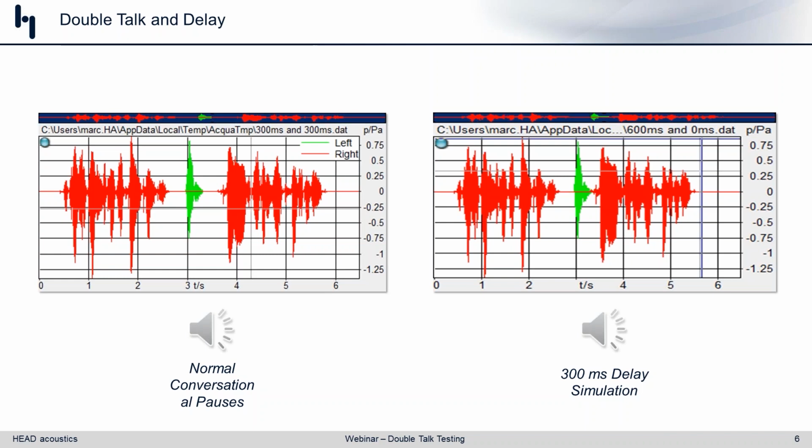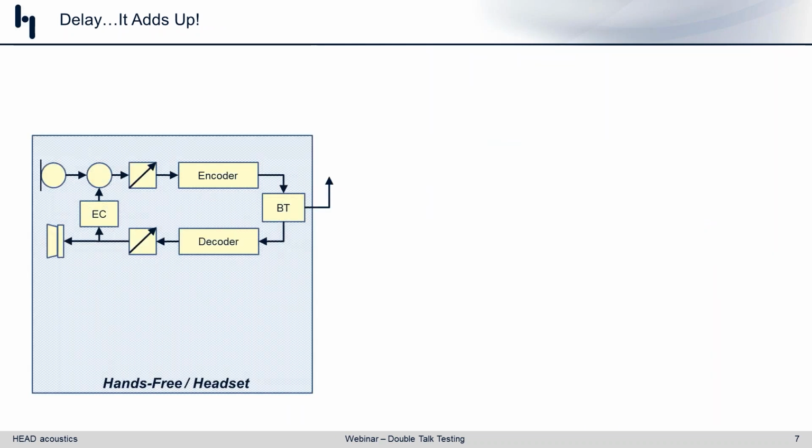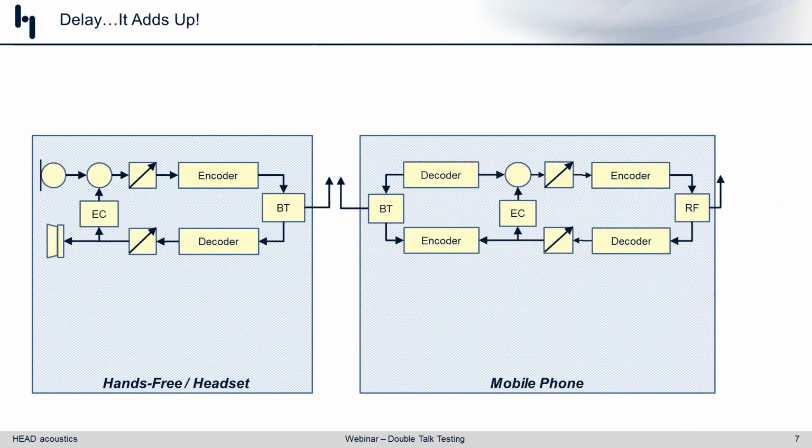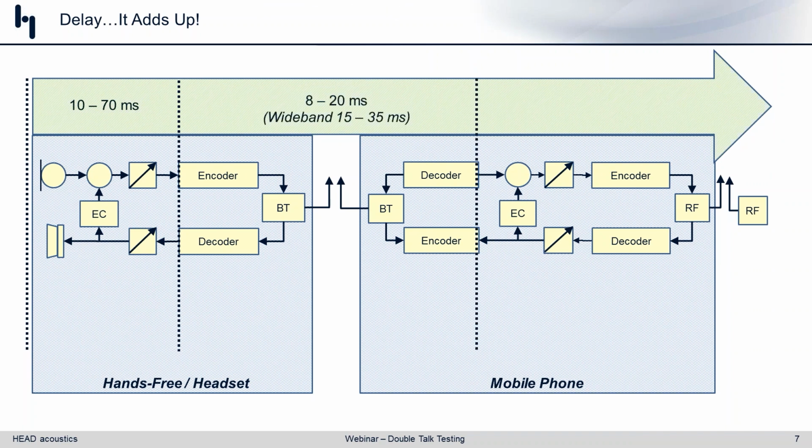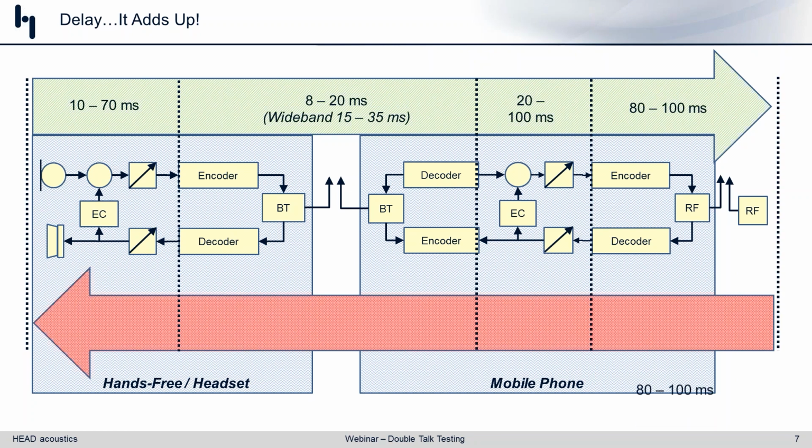So the unintended double talk, of course, is also an issue that we have to account for when it comes to delays. And as I mentioned, with modern products, with wireless hands-free devices, with networks that sometimes are overloaded and packed to capacity, what we end up experiencing is a lot of delay introduced in each block and introduced by the network going in the uplink direction as well as in the downlink direction.